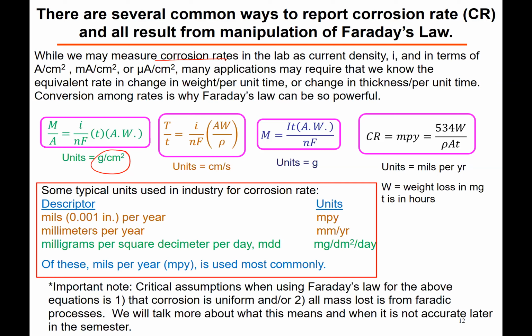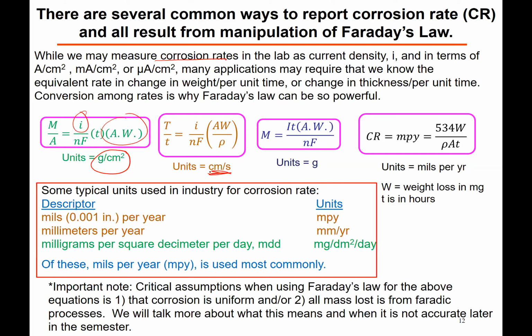And so you could see here the mass per area, M over A. You can see that by taking the original Faraday's equation as a function of time, and also molecular weight or the weight of the material. And then here we can also see thickness as a function of time.